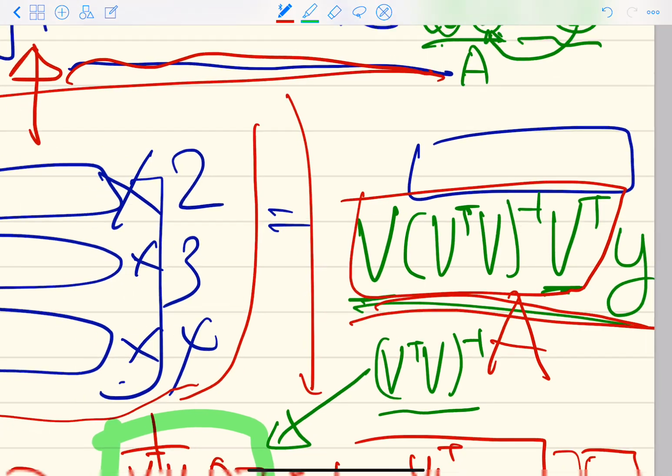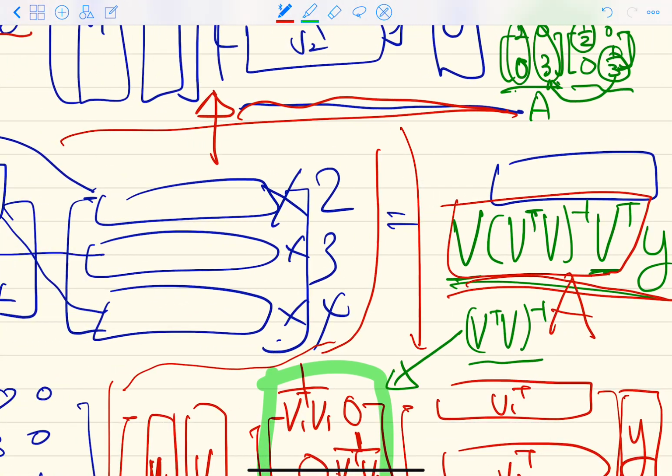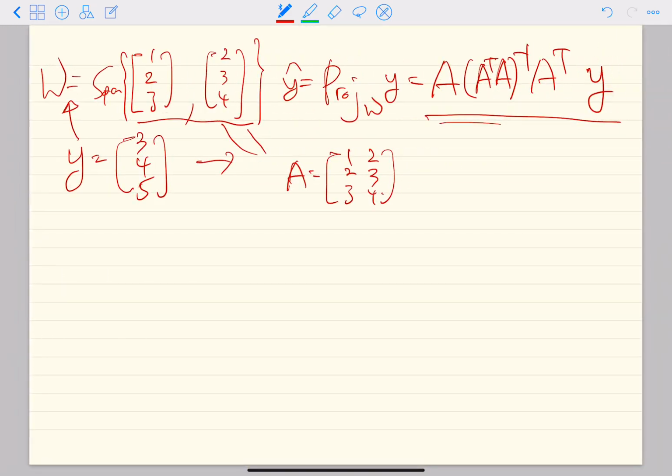But if you try to compute this orthogonal projection, the main hurdle, the computationally intensive part, is A transpose A. What is A transpose A?